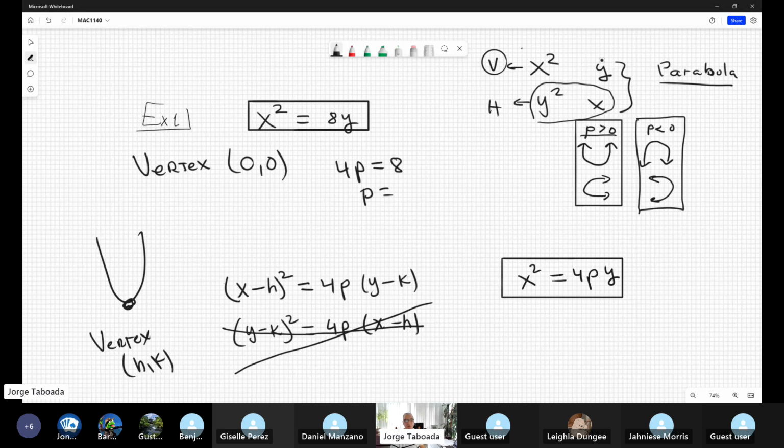Therefore, p is 8 divided by 4, which gives 2. P is positive. If p is positive and this is vertical, our parabola opens upward. So two important conclusions: p positive, opens upward, and this famous important point is 0, 0.